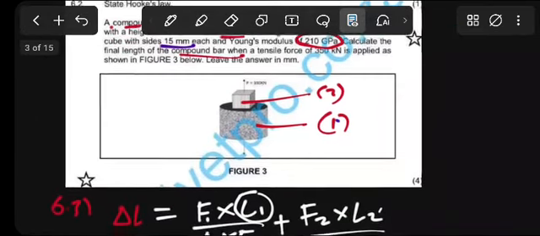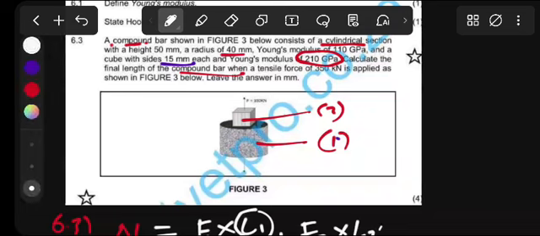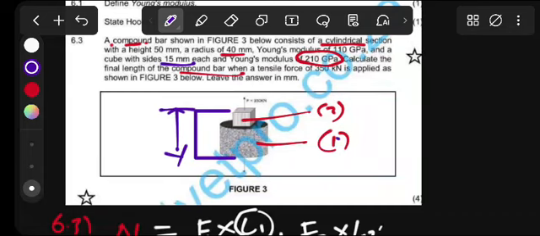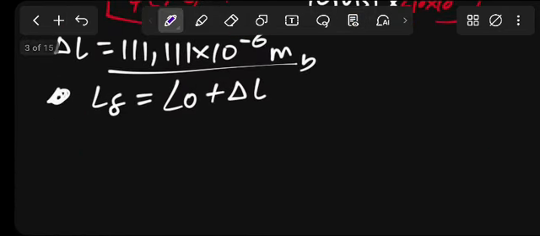Again, you must be wise. The initial length, remember it's a compound, goes from there to there, so you add up the initial lengths of this and that.